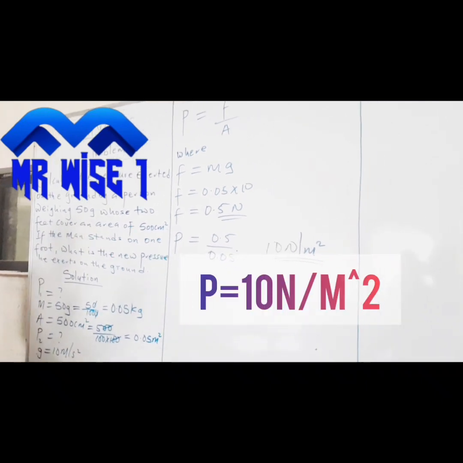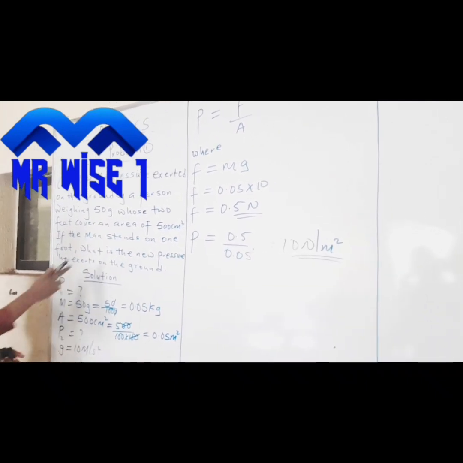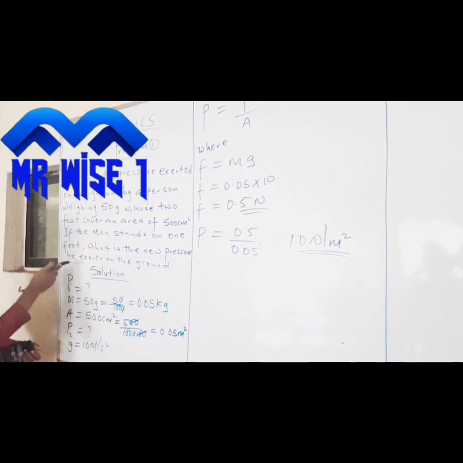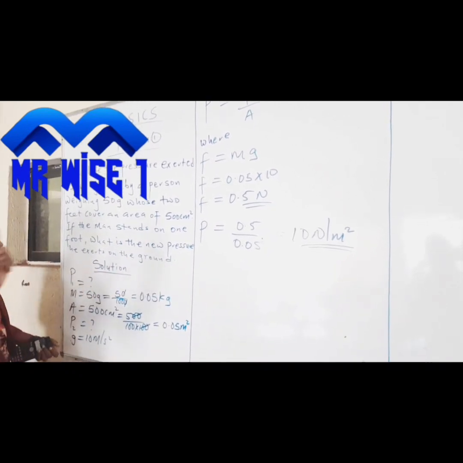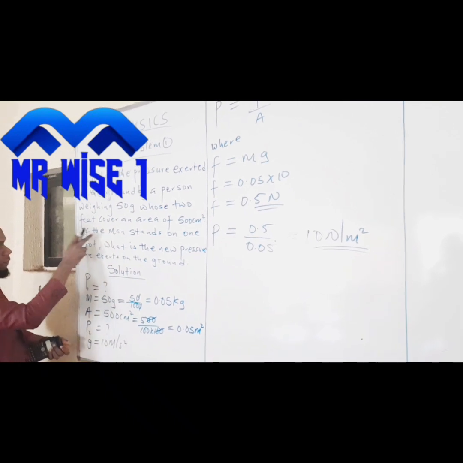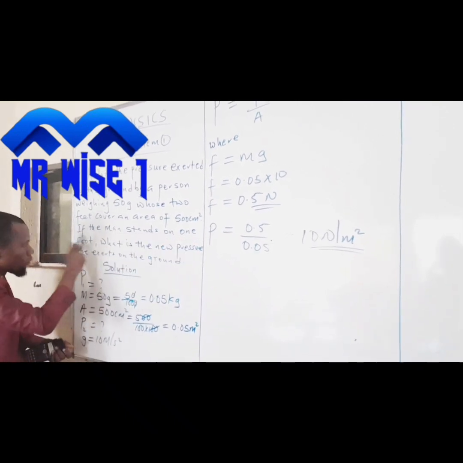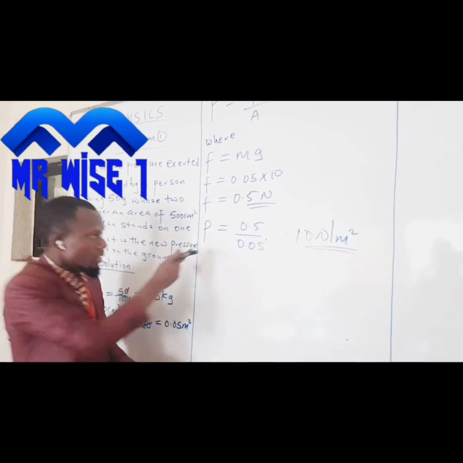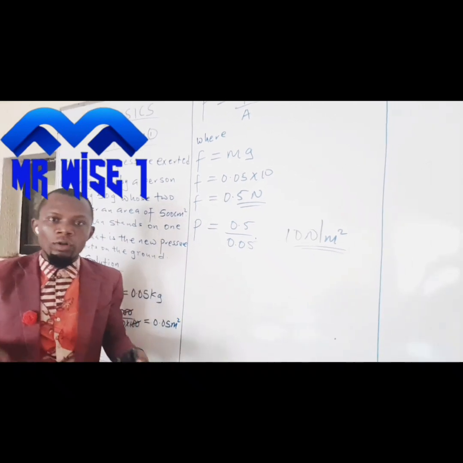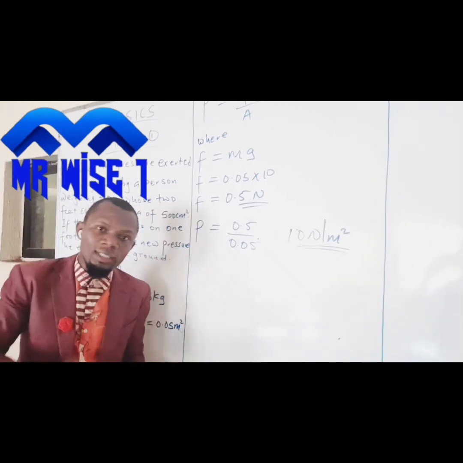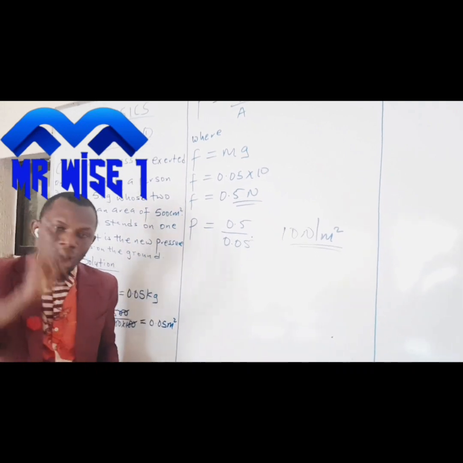The next one, which is very important, is what is the new pressure he exerts on the ground if the man stands on 1 foot. The original situation means the man is standing on 2 feet. So what is the pressure if the man is standing on 1 foot?